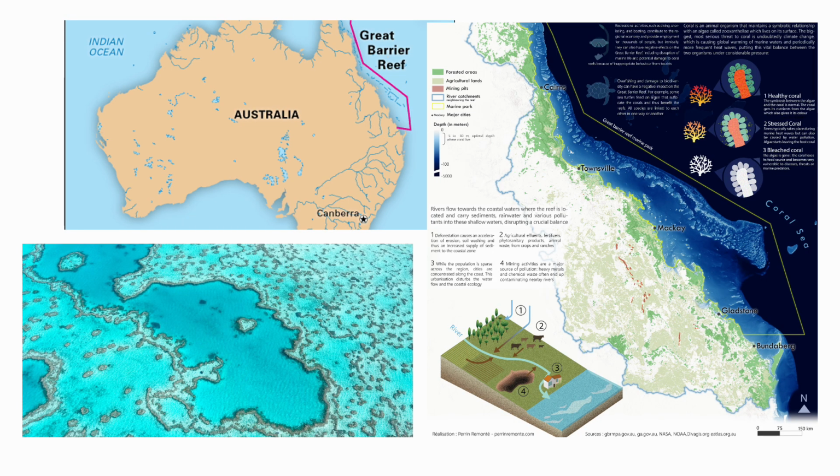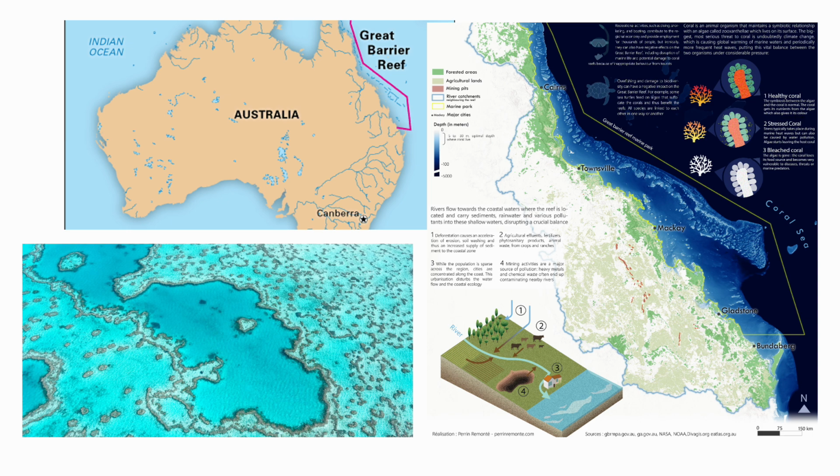So, the Great Barrier Reef stretches more than 2,300 kilometers along the northeastern coast of Australia, making it the largest coral reef system on Earth.